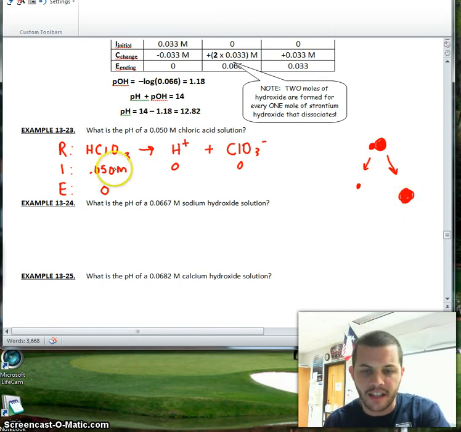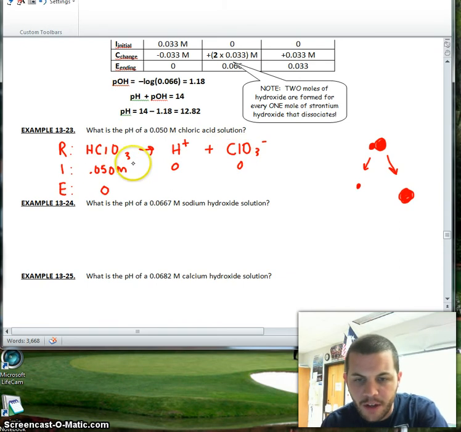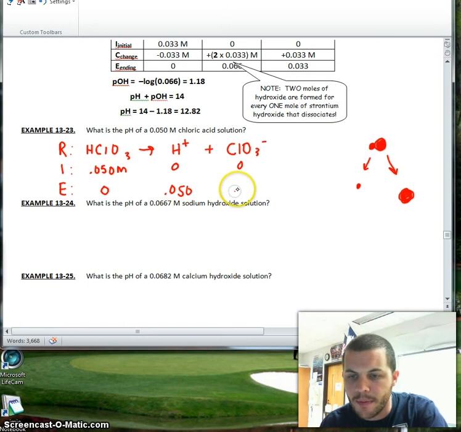So when I see that I have 0.050 molar HClO3, this is a 1 to 1 to 1 ratio. Therefore, this value, 0.050 molar, is going to be the same right here and the same right here.